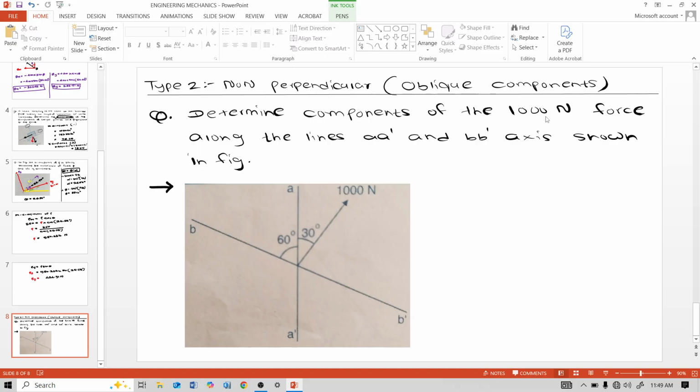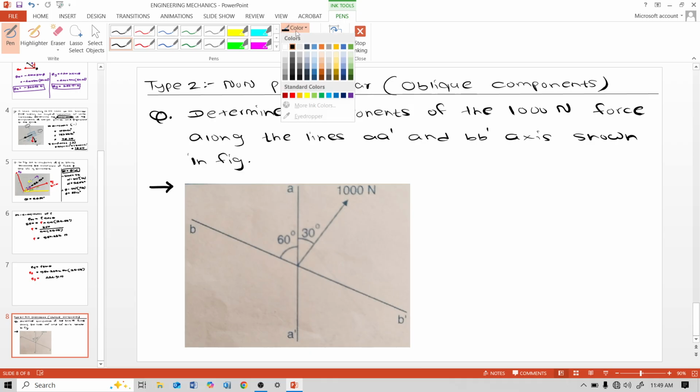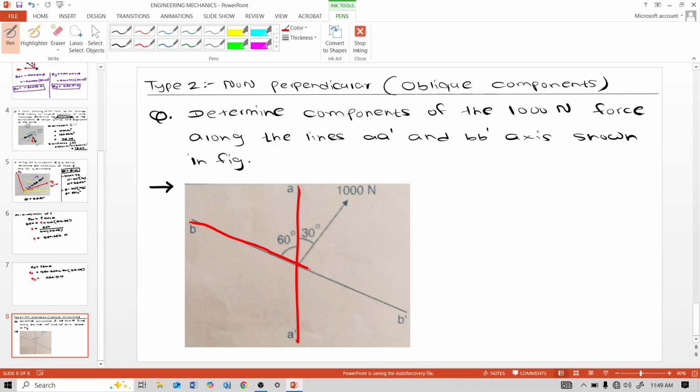Determine components of the 1000 Newton force along the lines A dash and B dash axis shown in the figure. So here, this is the A dash axis and this is the B dash axis. Along those two lines we will resolve this 1000 Newton force.